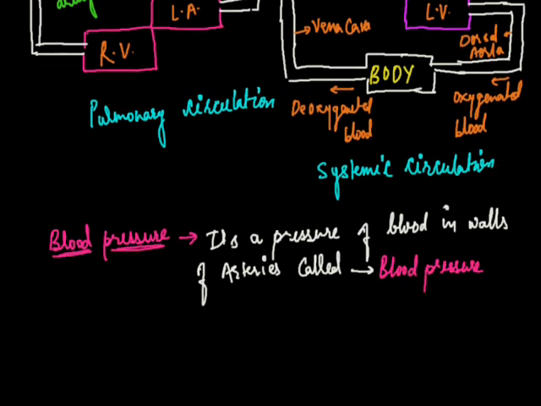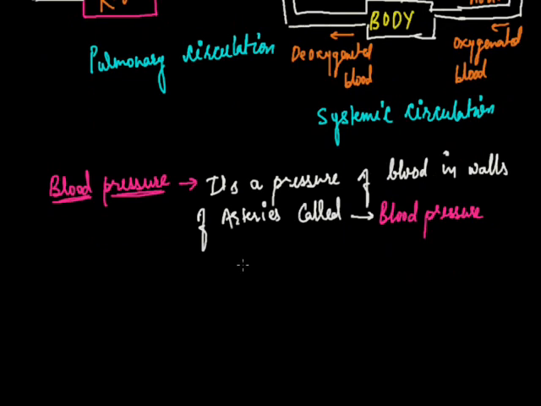Blood pressure is of two types: systolic blood pressure and diastolic blood pressure.